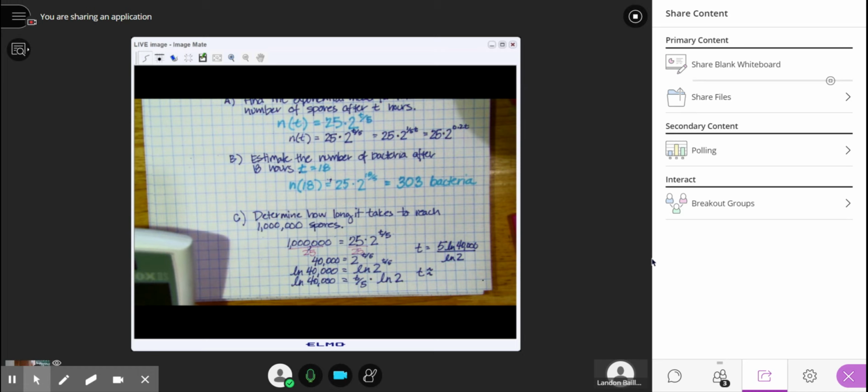To figure this out, I need my calculator, and I will type in 5 times ln 40,000, figure out what that number is, and divide it by the natural log of 2.